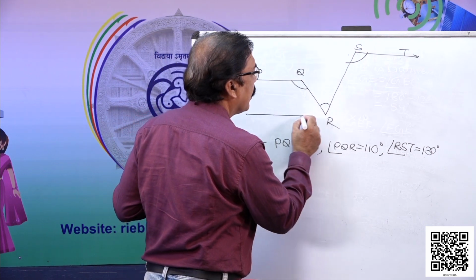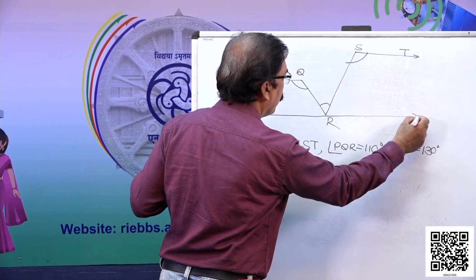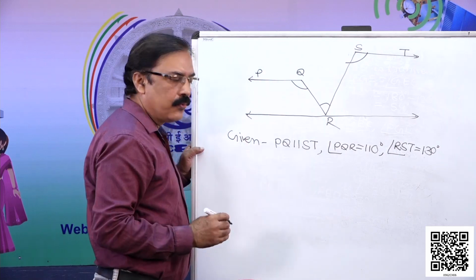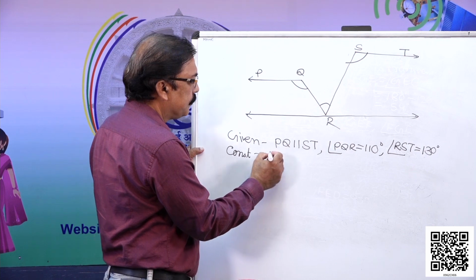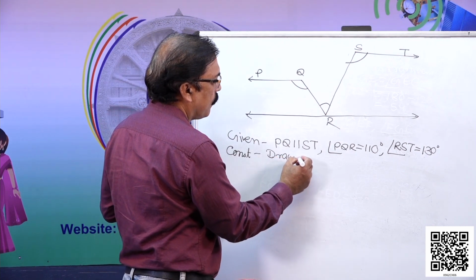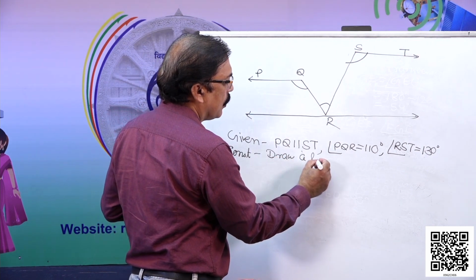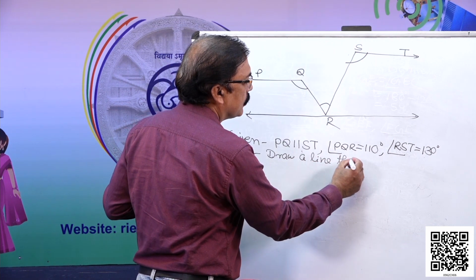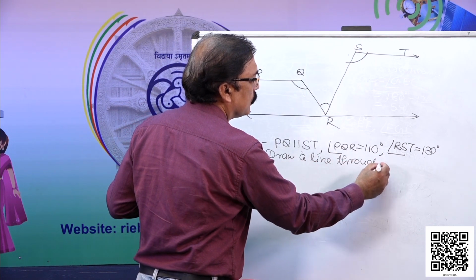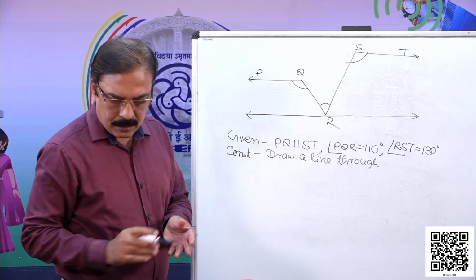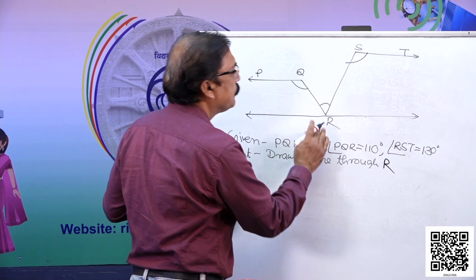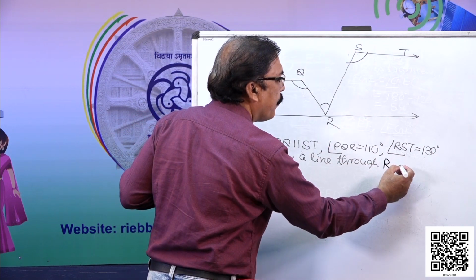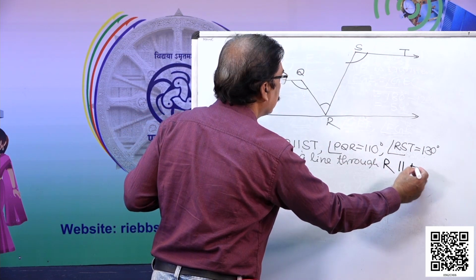Draw a line through R which is parallel to PQ.